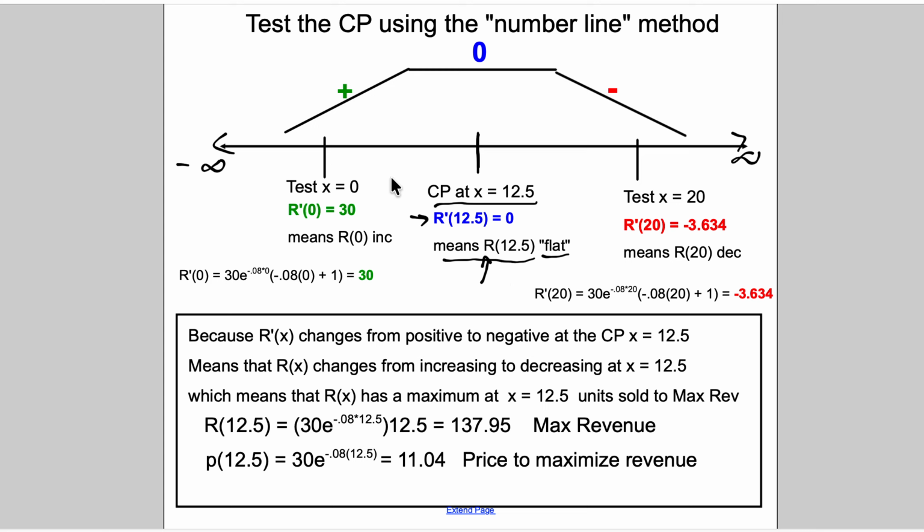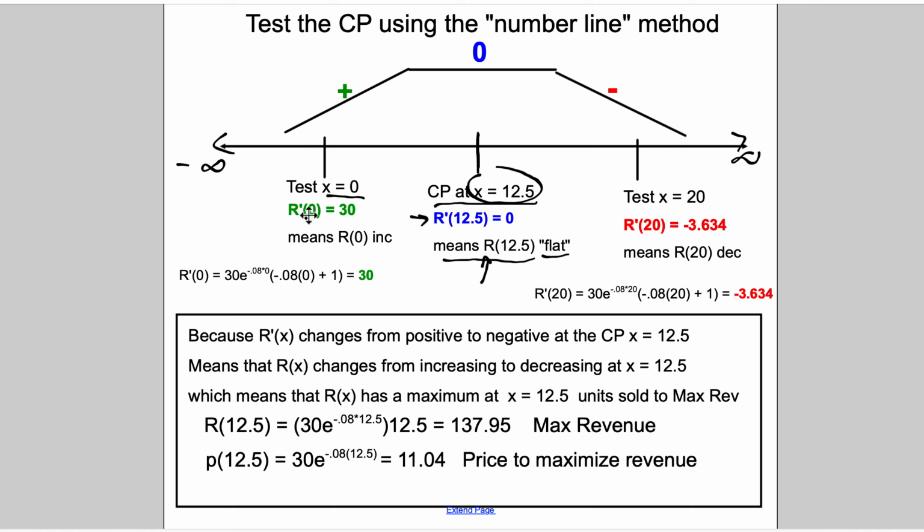So what I need to do now is take some test points. I want to take a point where x is less than 12.5. So a lot of times I'll just use an easy test point, 0, 1, negative 1. In this case, I'm going to use x equals 0. That's less than 12.5. And I want to check and see what's happening on either side of 12.5.